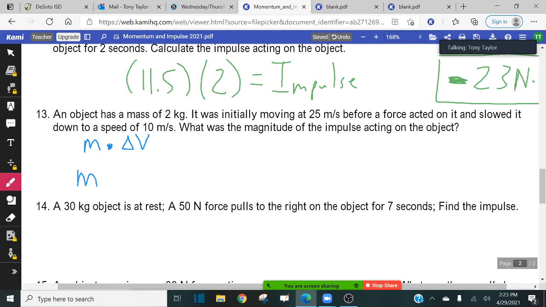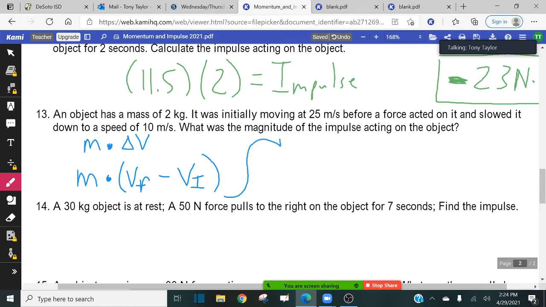And guys, let me remind you, anytime you're finding delta V, change in velocity, you always do final minus initial. So you want to do the final velocity first and then minus the initial velocity, always. So it's important that you guys get that right.